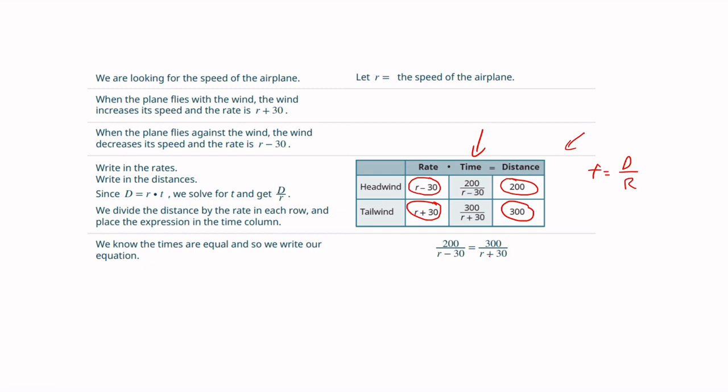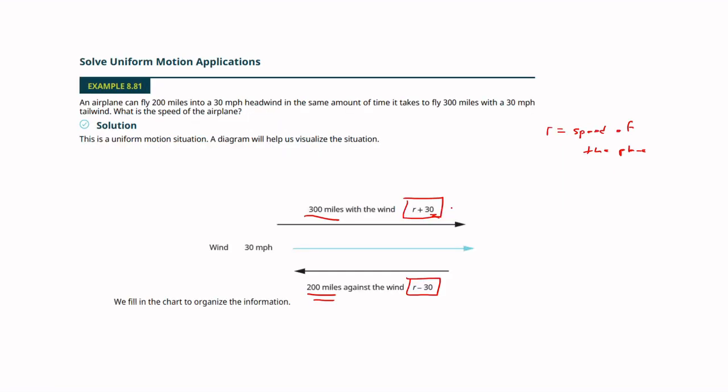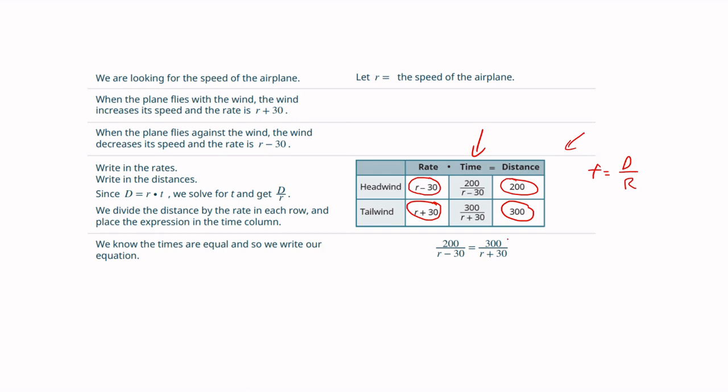So what they're saying is that we traveled the same amount of time on both trips. One more time through this: I'm fighting the wind, I can get 200. The wind's helping, I can get 300. Why did I set this up where I've just divided them, distance over the speed?